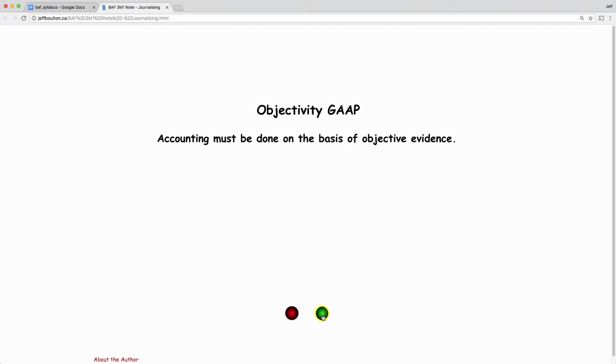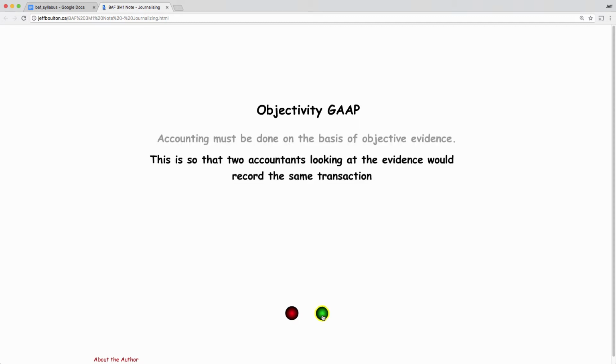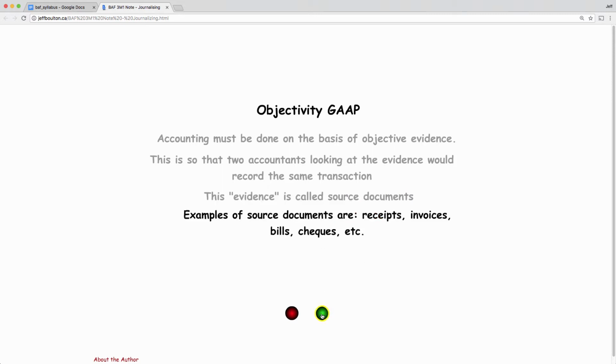Otherwise, you don't have objective, reliable evidence, right? It goes back to that purpose of accounting, to produce reliable information for decision making. Not just reliable, but useful information, and useful breaks down into a bunch of things, one of which is reliable. This evidence in general terms is just called source documents, all these bills and invoices and stuff, right?